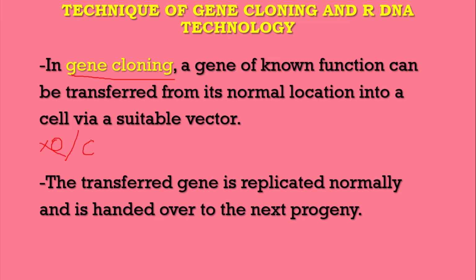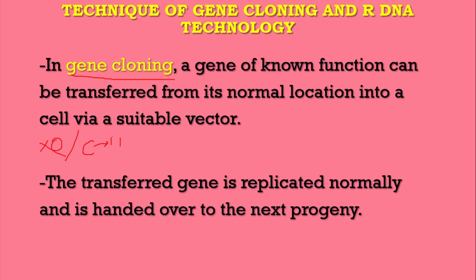Now, what is the meaning of clone? When an organism is fully or exactly similar to the parent, that organism is called a clone. When the daughter, or the new organism formed, is exactly similar to the parent, that is called a clone.